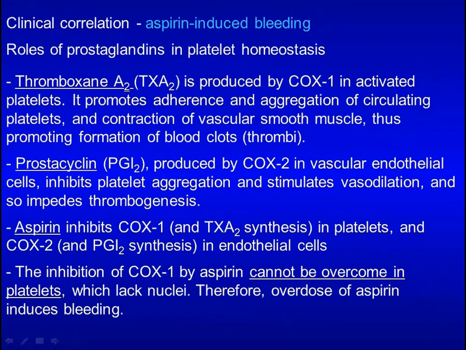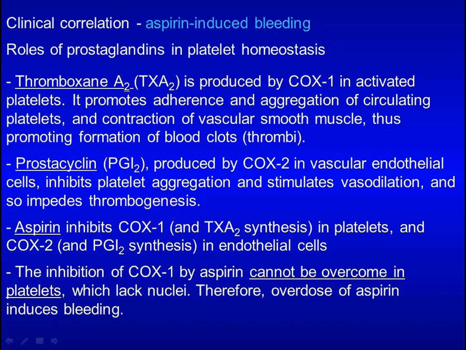Thromboxane A2 is produced by COX-1 in activated platelets. It promotes adhesion and aggregation of platelets and contraction of vascular smooth muscle. It promotes formation of blood clots. Prostacyclin PGI2, produced by COX-2 in vascular endothelial cells, inhibits platelet aggregation and impedes thrombogenesis.